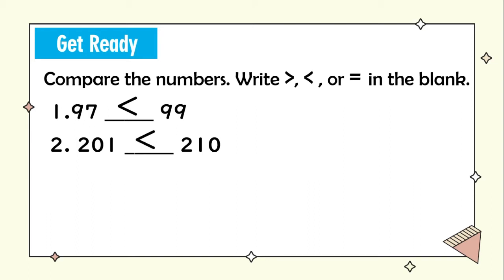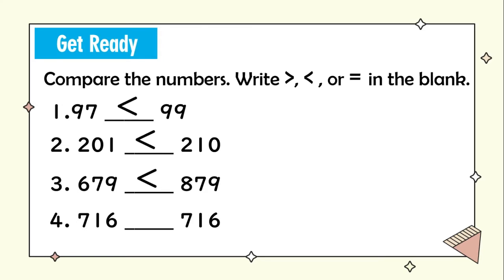Very good. For number 3, 679 and 879, the symbol should be less than also. And for number 4, 716 and 716, the symbol should be equal to. Very good.